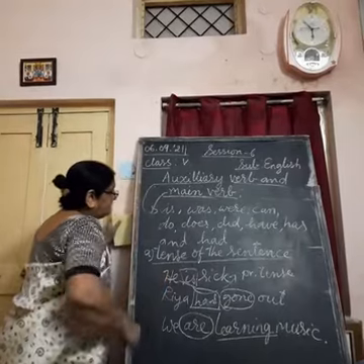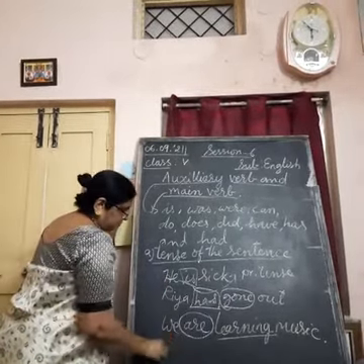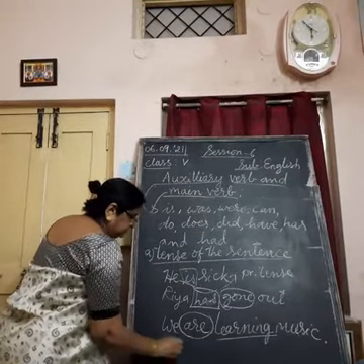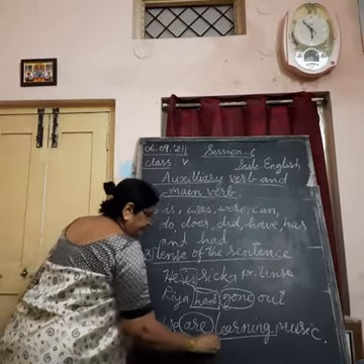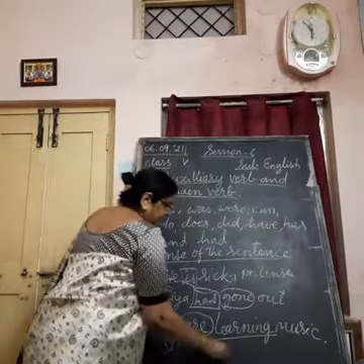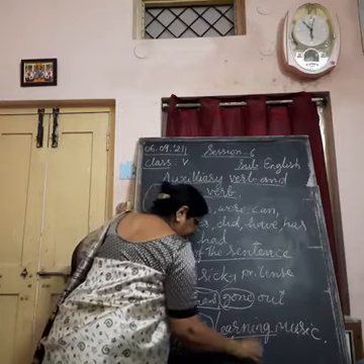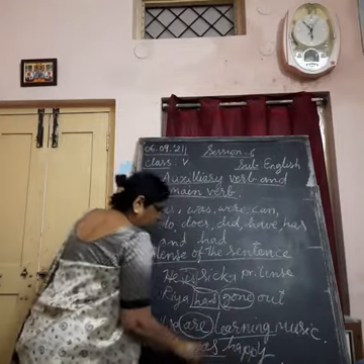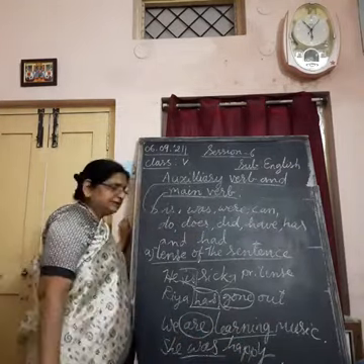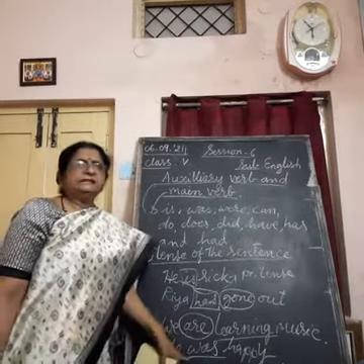Second thing. Next. She was happy. This was is an auxiliary verb in past tense form.